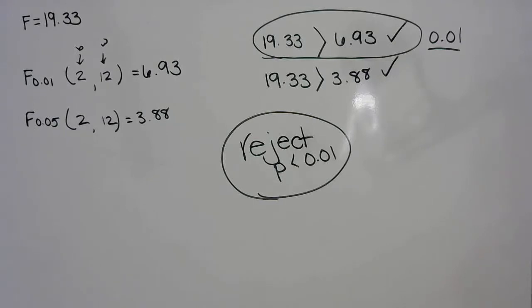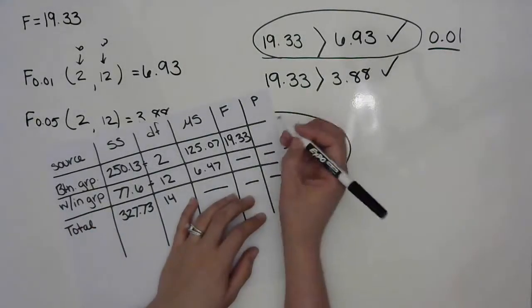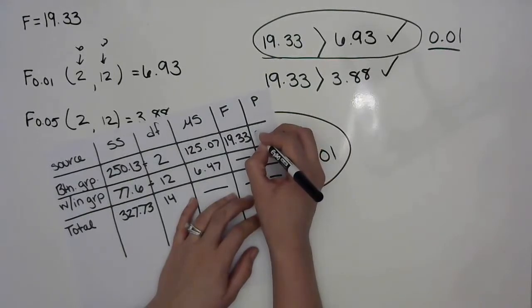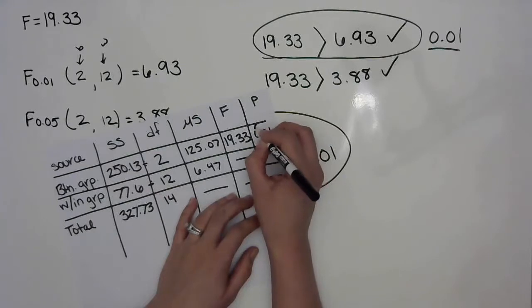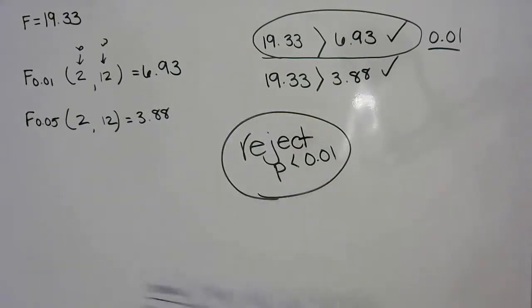Okay, and we can go ahead and get our little chart here, and we put less than 0.01. And now that we've rejected, that means that we get to do two keys.